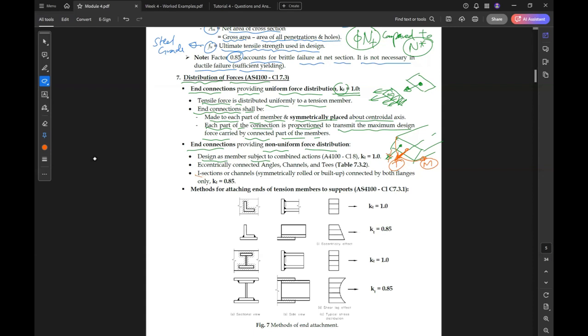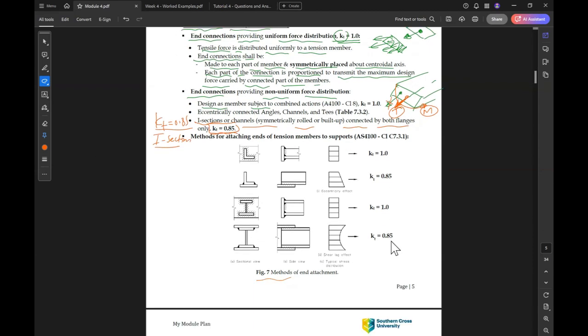Okay, for I sections and channels, symmetrically rolled or built up sections, we have to take Kt as 0.85. So Kt equals 0.85 for I sections. And this picture defines the value of Kt. If we have an angle, the stress will be uniform, so we can take Kt as 1.